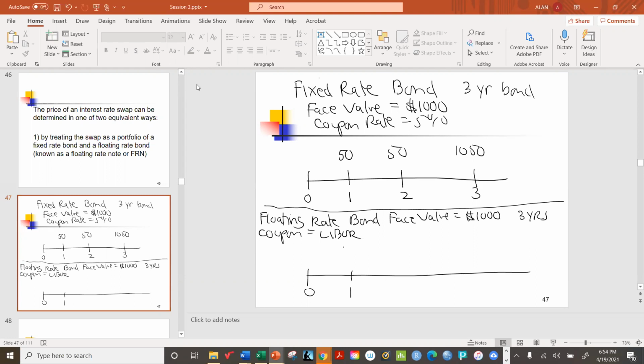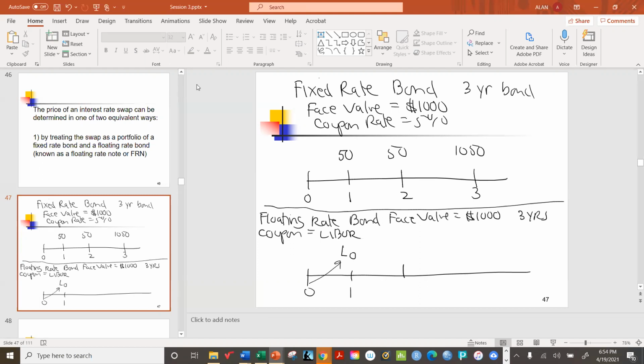So I'm going to call this L0. That's meant to indicate the payment based on LIBOR observed at time 0. So if the LIBOR rate was, for example, 6% on that date, then you get a $60 coupon payment here.